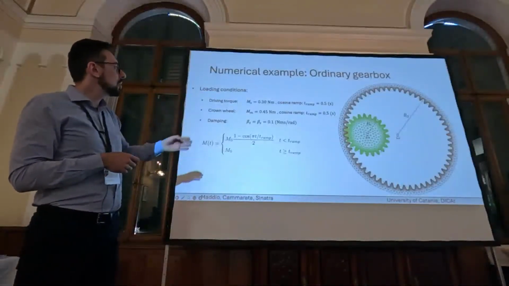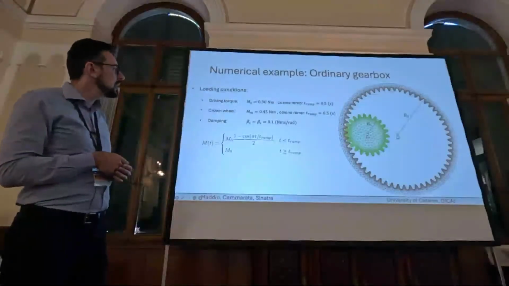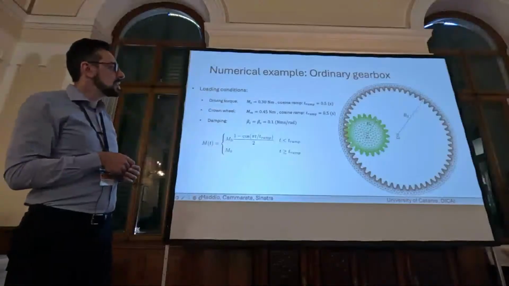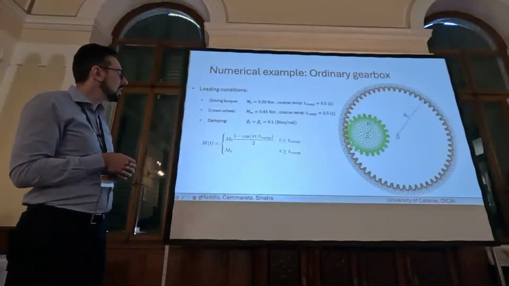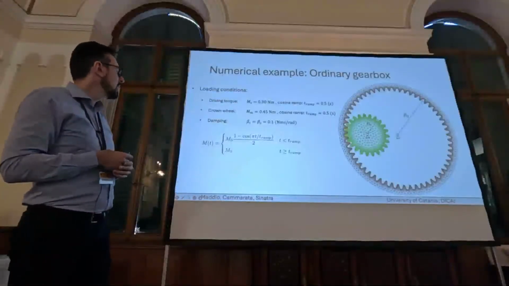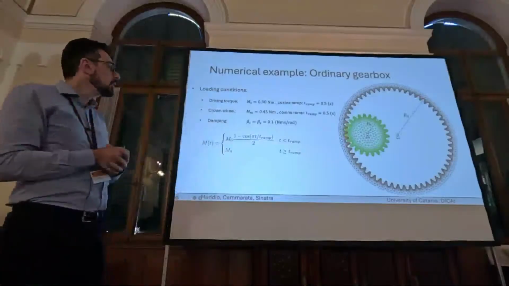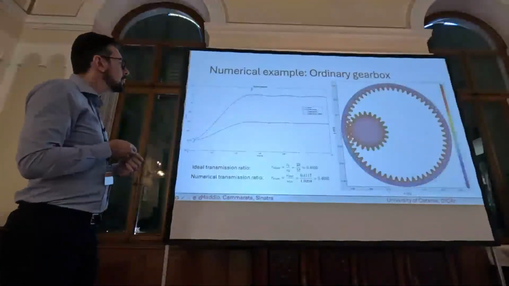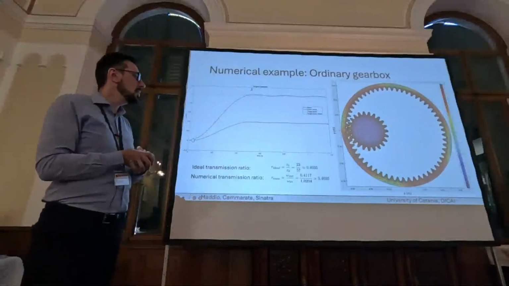The driving torque is a value equal to 0.30 Newton meters with a cosine ramp in the first 0.5 seconds. Also for the crown wheel, we have a higher value, 0.45 with a cosine ramp, and a damping in the joint of the two bodies. And we can see in this animation the behavior.